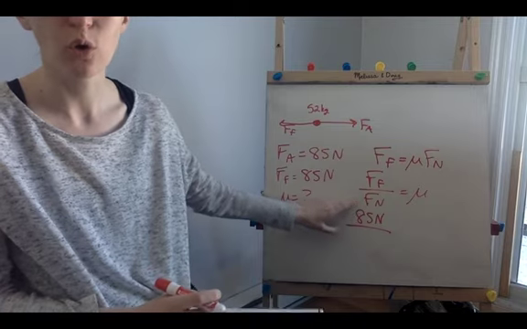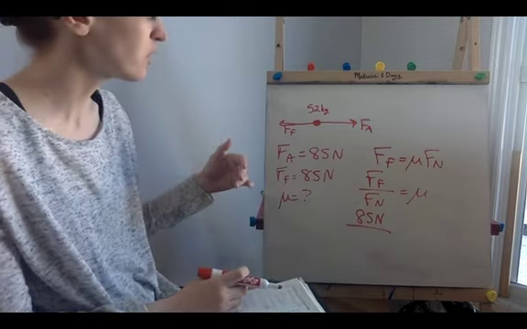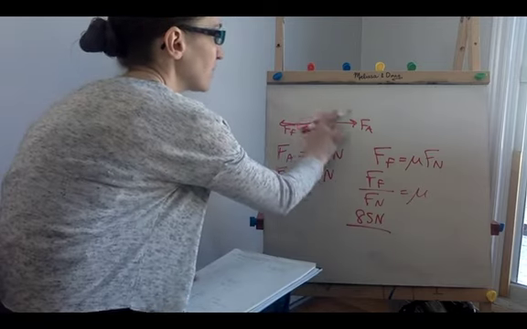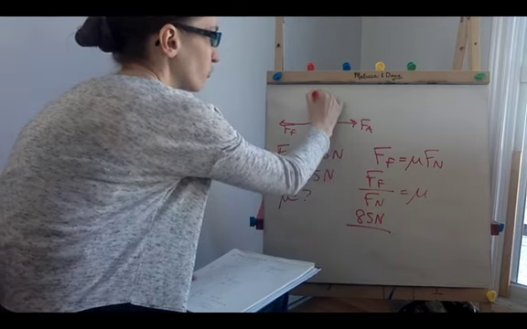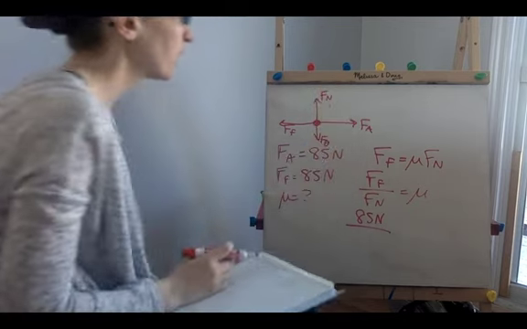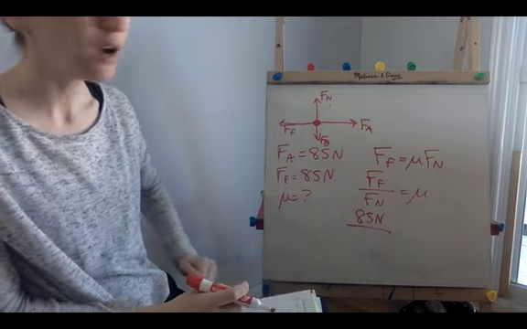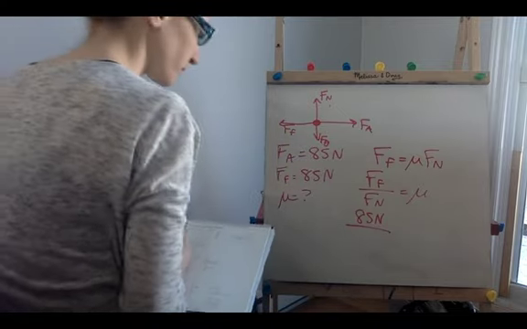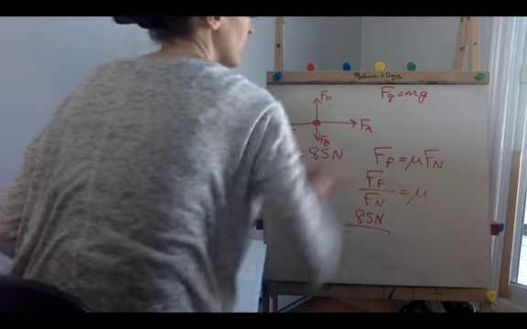Remember your normal force would be acting perpendicular to the surface. We're not being pulled up a hill, we're just being pulled along straight snow. So you do have force of gravity this way, and your normal force this way. They would actually be equal because we're not moving up or down. So we can calculate force of gravity: mass times 9.81.